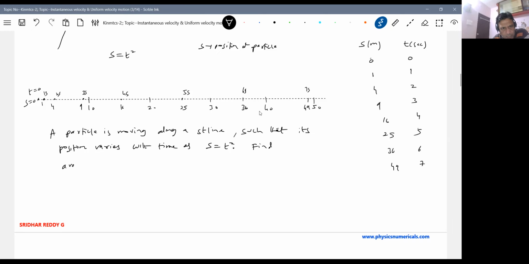Find average speed or velocity, both are same, average velocity for t equal to 0 to t equal to 5 seconds.